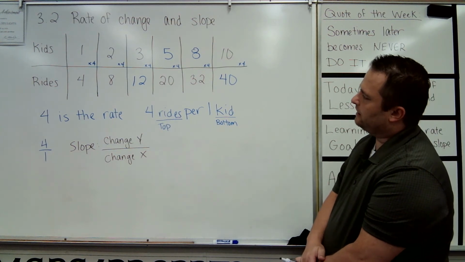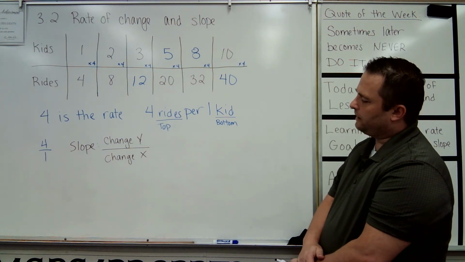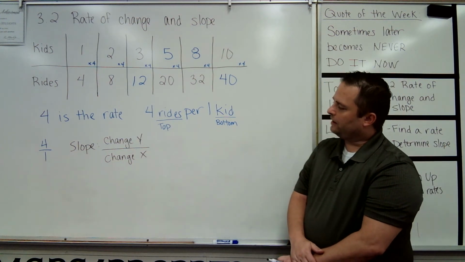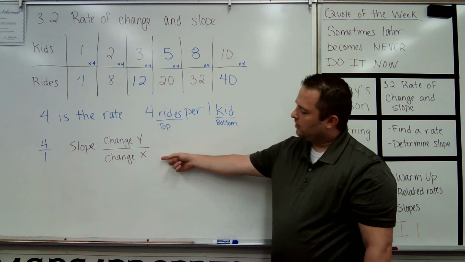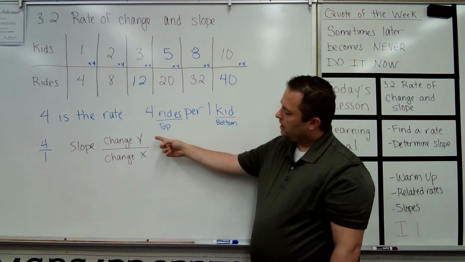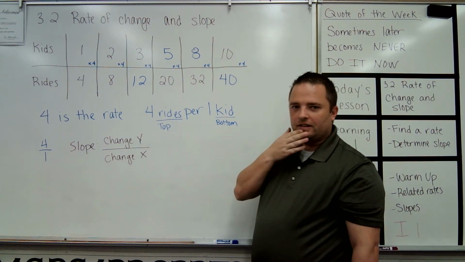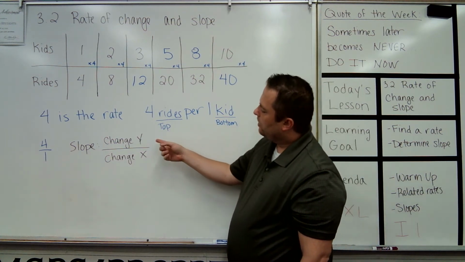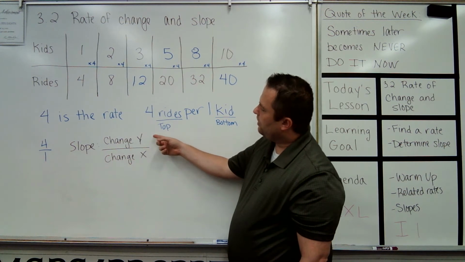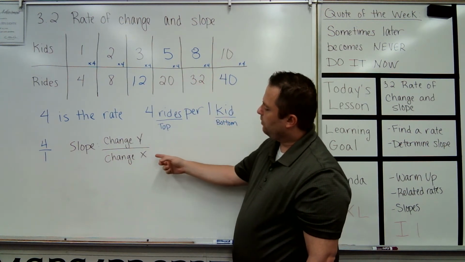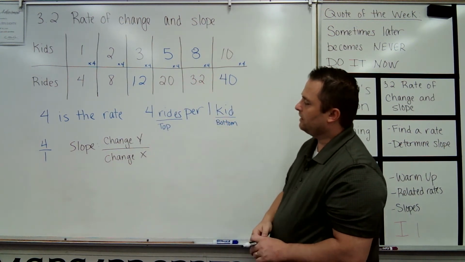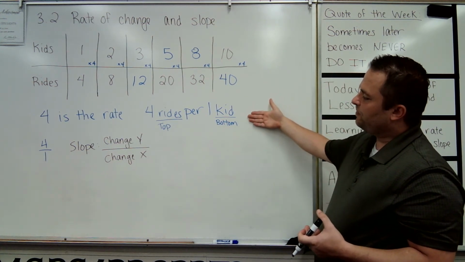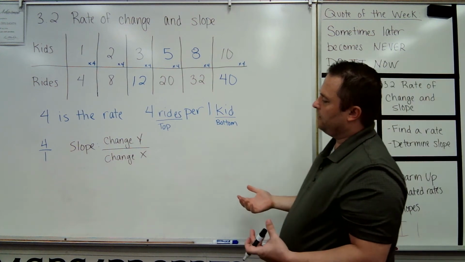I don't see any x's here. I don't see any y's here. But what I want to point out is that, remember, x's are just numbers, and y's are just numbers. So all I have to do is figure out which of these numbers are my x's and which of these numbers are my y's. Well, if I'm looking at the rates, it's kind of already spelled out for me.